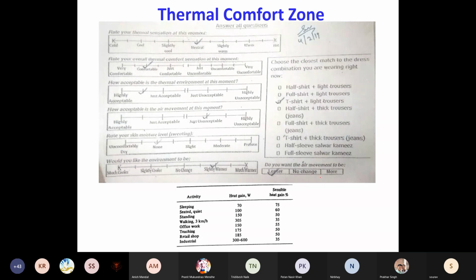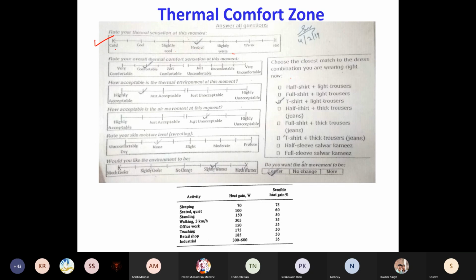Then you can locate where you feel thermally comfortable and where others feel they are comfortable. This is the ASHRAE recommended form or sheet to collect the survey. For your given environment, you have to specify whether you are feeling cold, cool, slightly cool, neutral. These are the scales which ASHRAE has recommended.